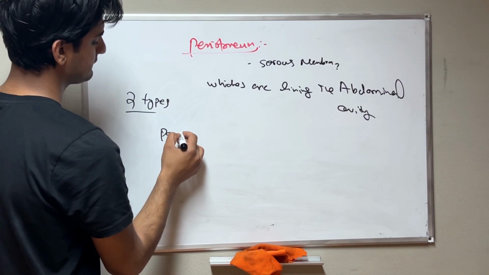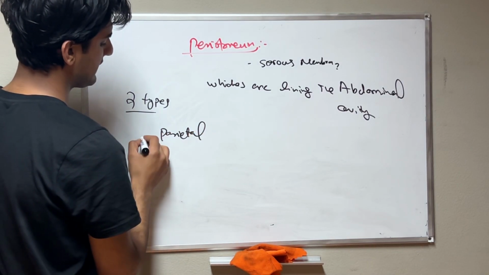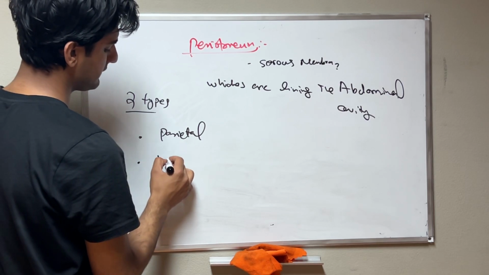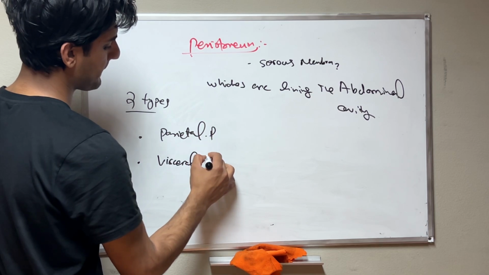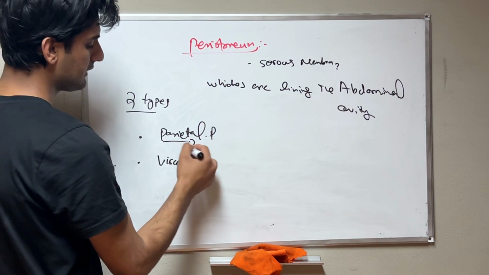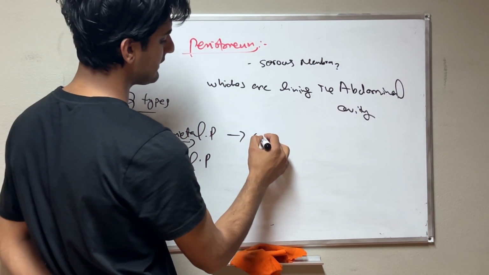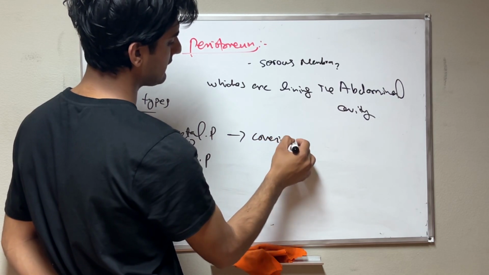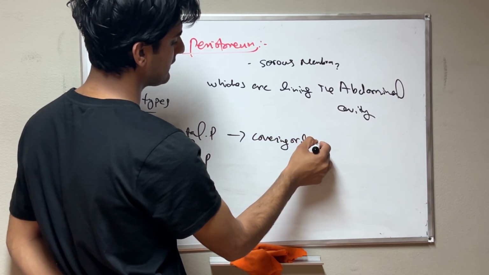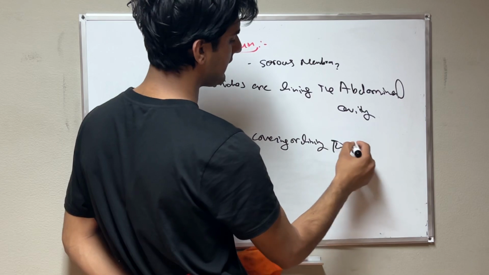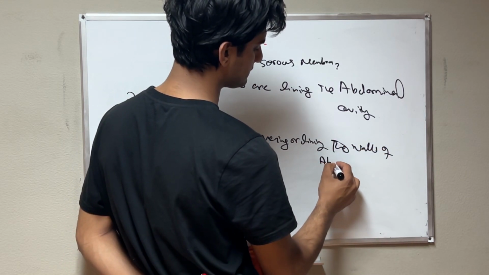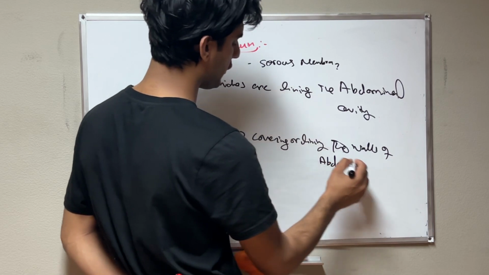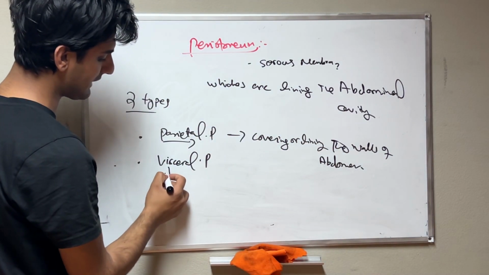Parietal and visceral peritoneum. Parietal means covering or lining the walls of the abdomen, and visceral means organ.